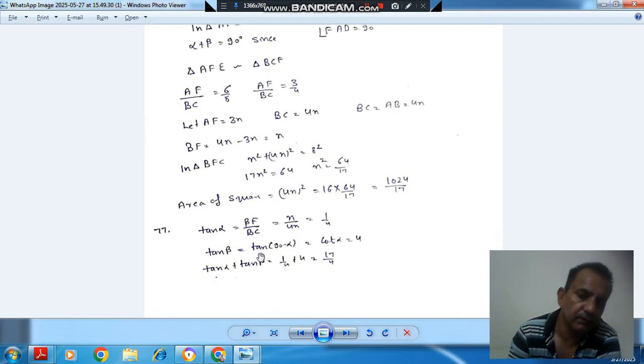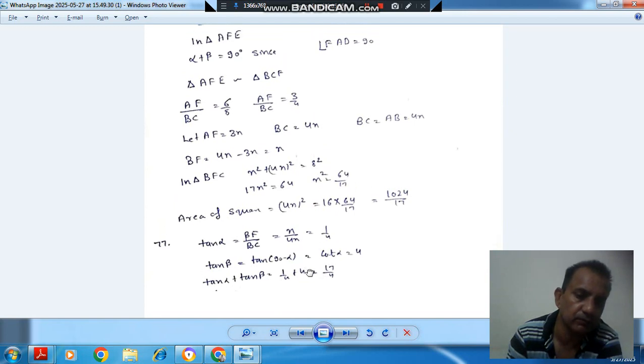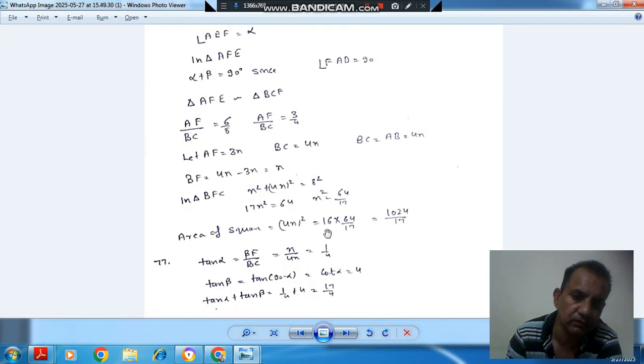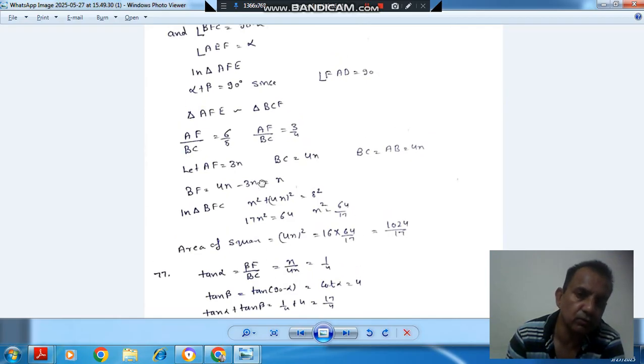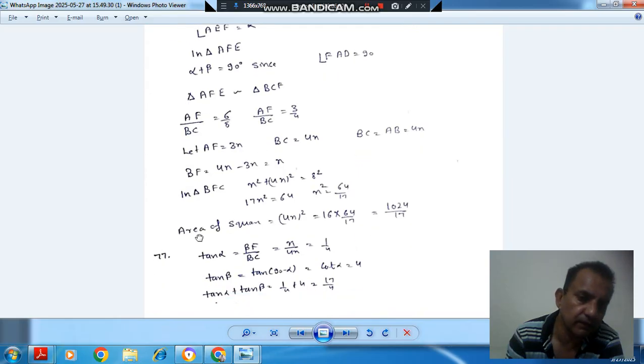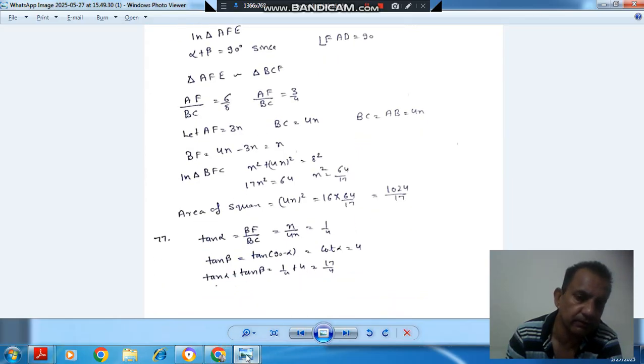And tangent beta, because beta is 90 minus alpha, will be tangent of 90 minus alpha, that will be cot alpha, so that is 4. So tangent alpha plus tangent beta is 1 by 4 plus 4, that is 17 by 4. This is the answer to question number 76, and this is the answer to question number 77.